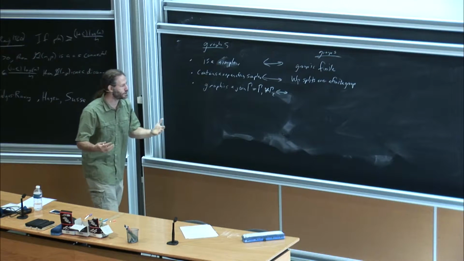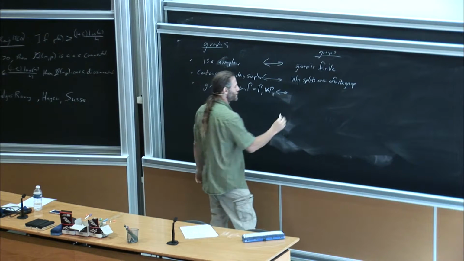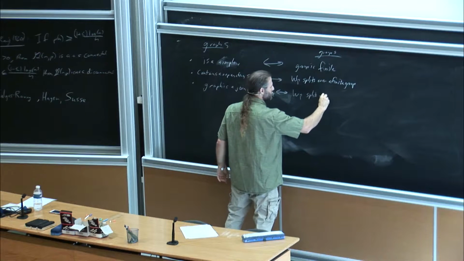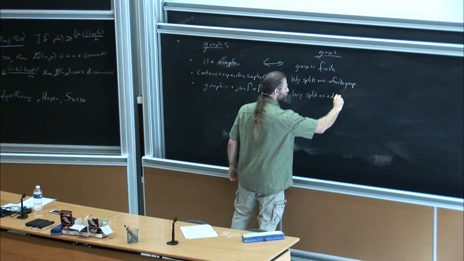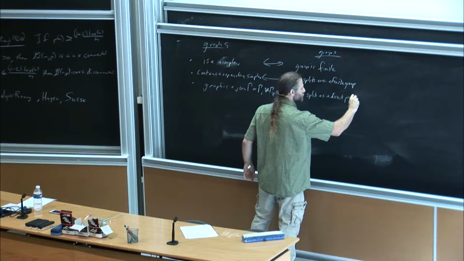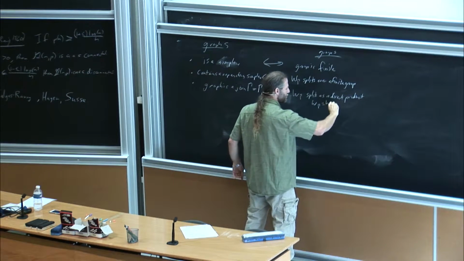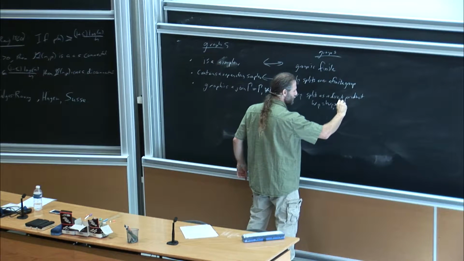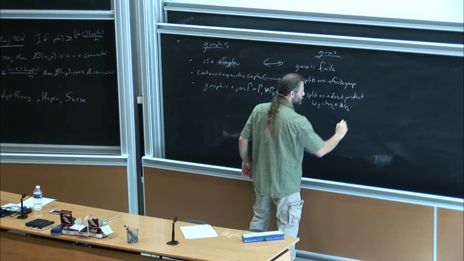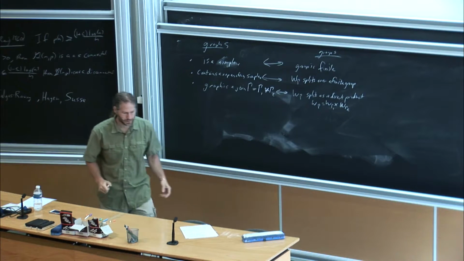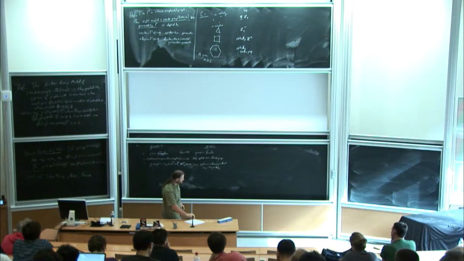So joins correspond to direct products. So W gamma splits as a direct product. Right, so W gamma is equal to W gamma 1 direct product W gamma 2. All right, so that gives us another one.